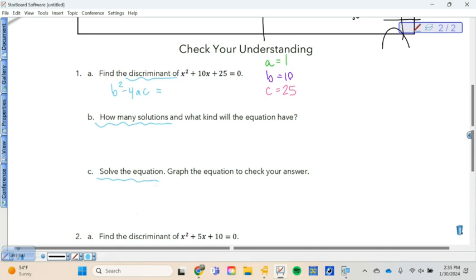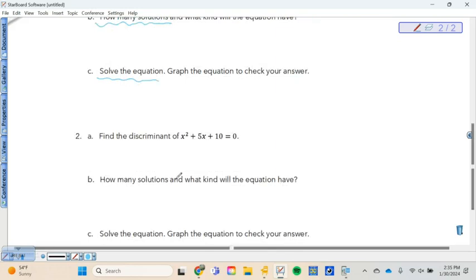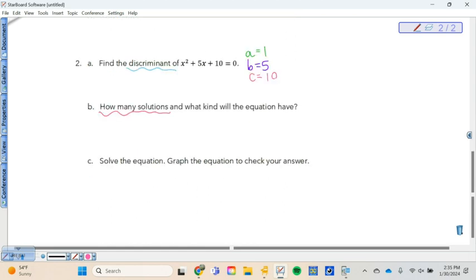You can use the quadratic formula to do that, or you can use another way if you want to. Same thing in number 2. Find the discriminant first. What's a in number 2? 1. What's b? 5. And c is 10. Same questions: find the discriminant, find out how many solutions, and then solve the equation.